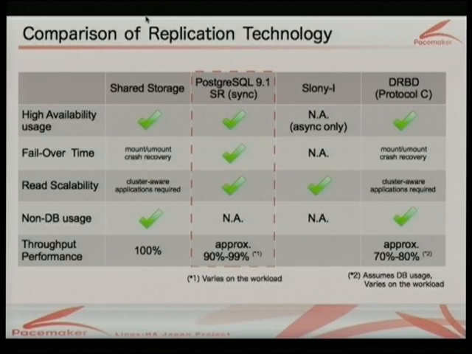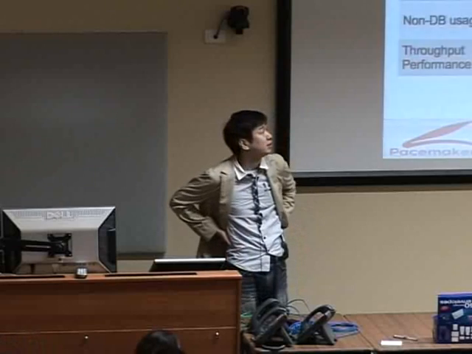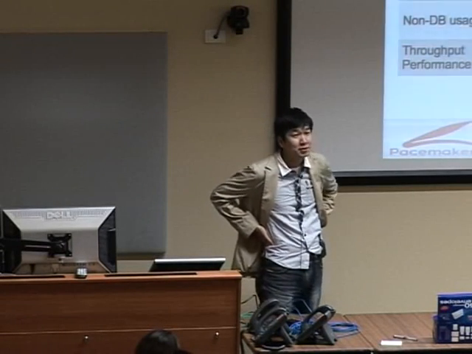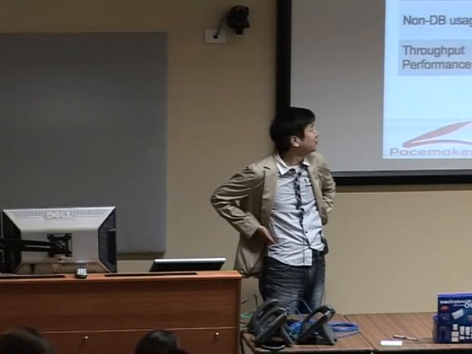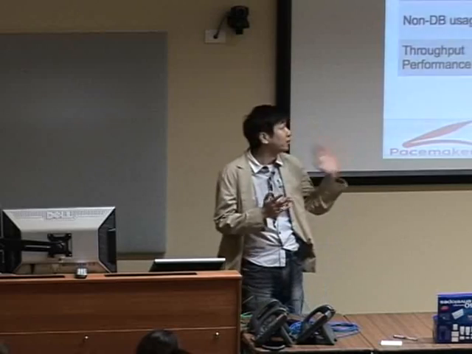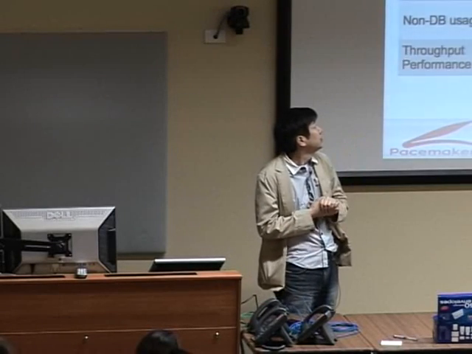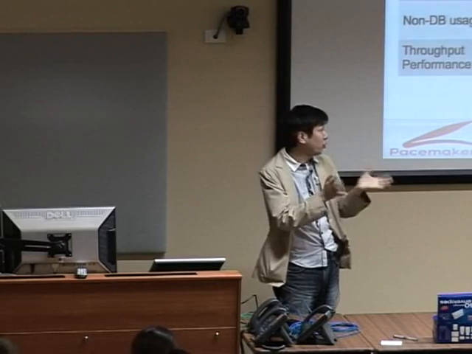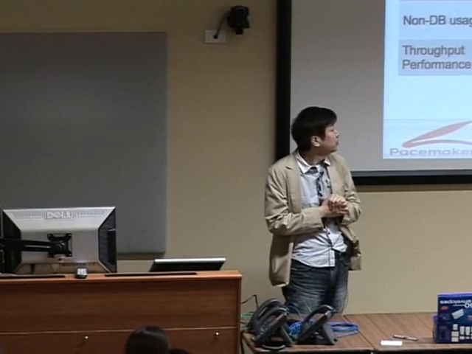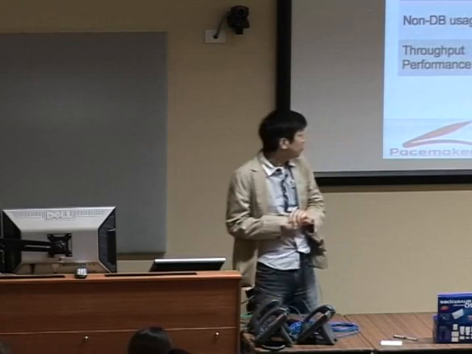You may be familiar with Slony-I, but Slony-I only supports asynchronous mode, so it's not usable for an HA cluster. And PostgreSQL is, of course, a database. So if you want to replicate data other than a database, then DRBD is a very good solution for that. And another point is performance. PostgreSQL replication is dedicated and optimized for the database, so it has pretty good performance. The overhead should be less than 10%.